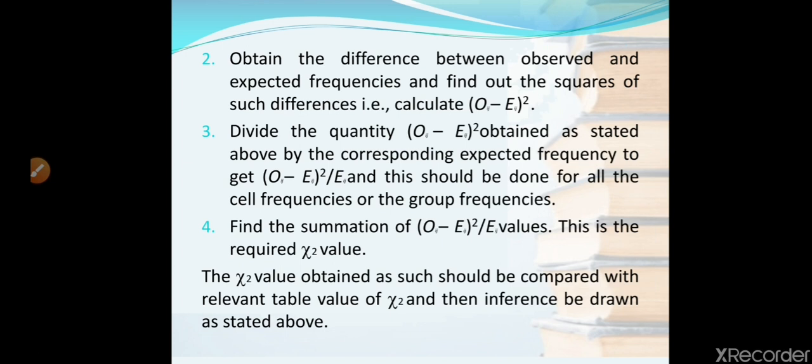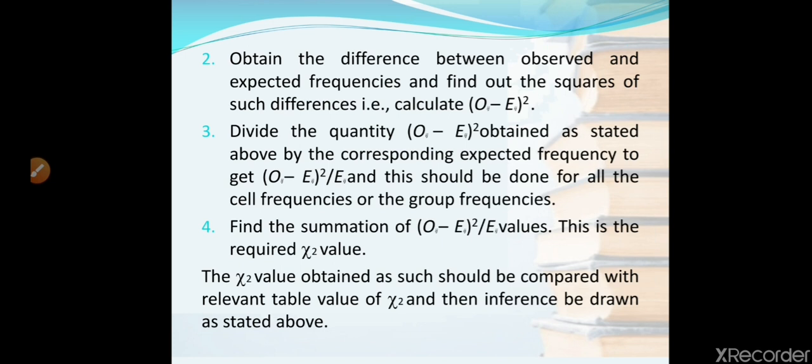Then find the summation of (O minus E) squared upon E. The summation of (O minus E) squared upon E is the chi-square, so this would be our observed chi-square. Then we compare it with the chi-square value from the table depending upon the degrees of freedom, and the inference is drawn as stated above.